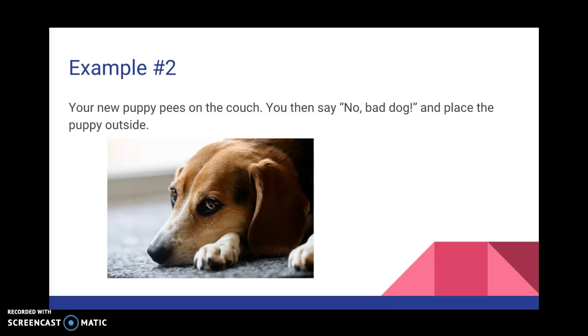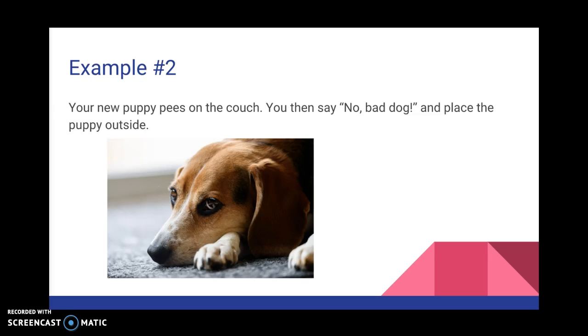Let's identify the stimulus. Your puppy pees on the couch. That's the stimulus. Gross. What's the response? That's us saying, "No, bad dog," and placing the puppy outside. Does this response increase or decrease the stimulus? Well, hopefully the puppy will learn that peeing on the couch is bad and hopefully no longer do it because you've given this negative attention.